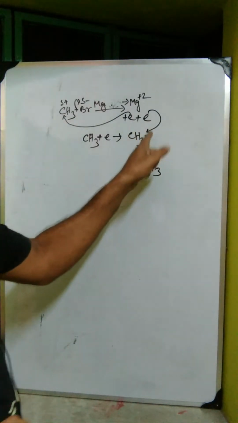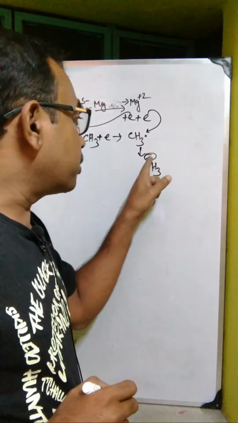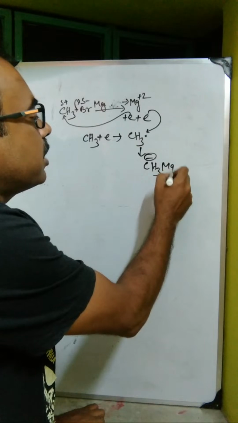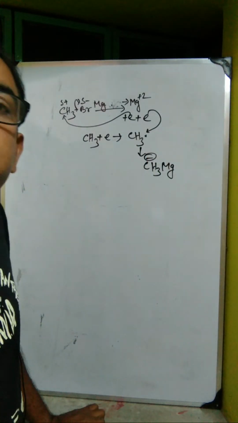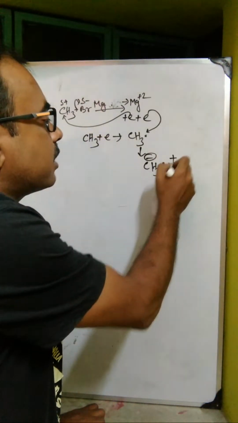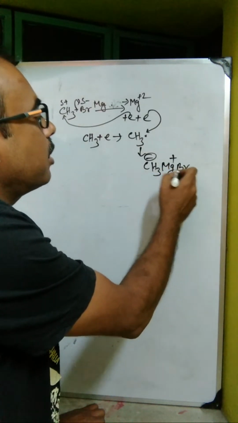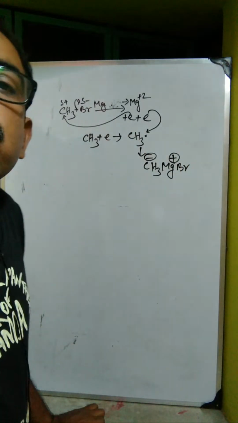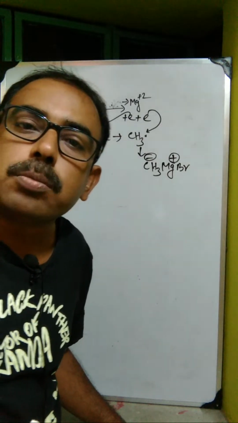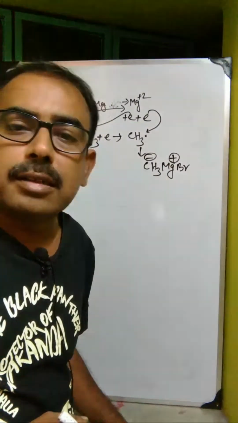A single electron is added to the single electron, making it a pair, or a negative charge. In the reaction medium Mg plus 2 was also there, and the bromide ion is also there. So one of the 2 positive charges of Mg plus 2 is neutralized by a bromide ion. One positive charge still exists, and the compound is CH3 minus Mg plus Br, and this is called methyl magnesium bromide, a Grignard reagent.